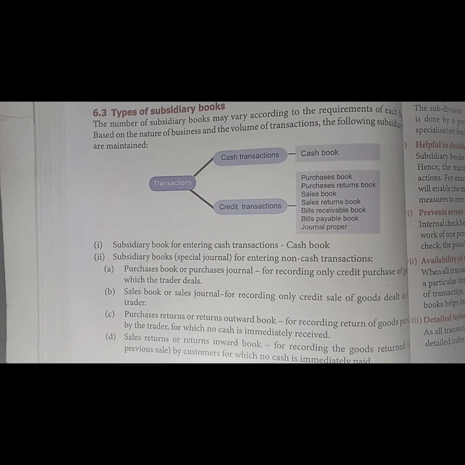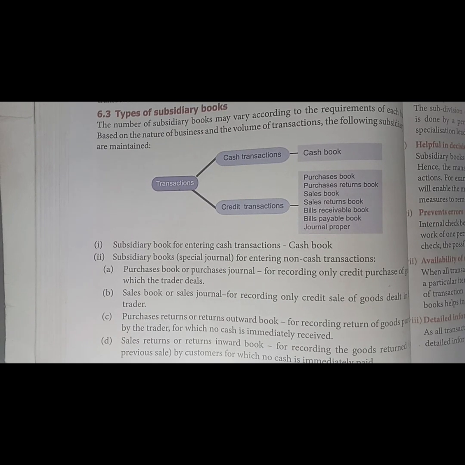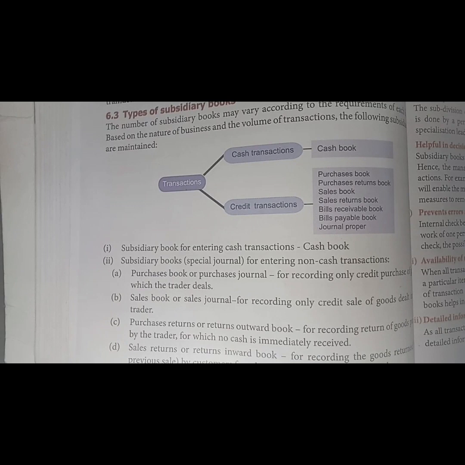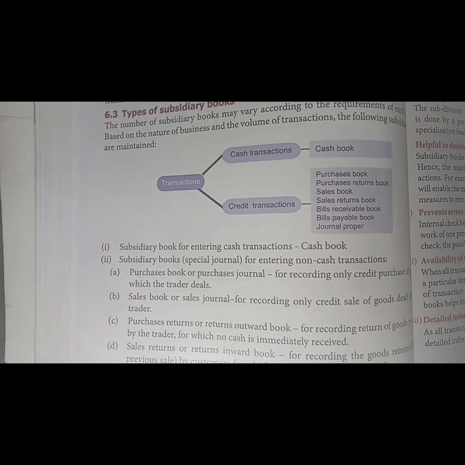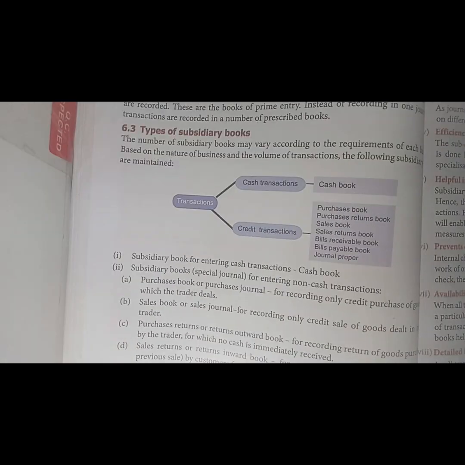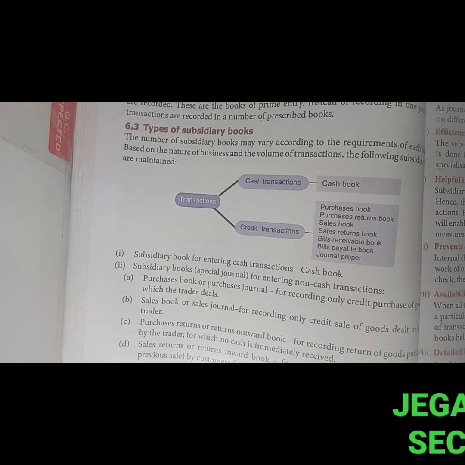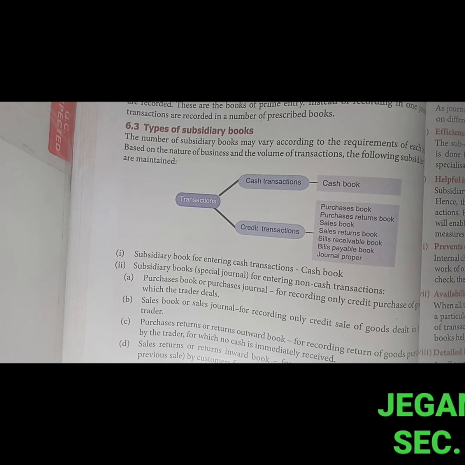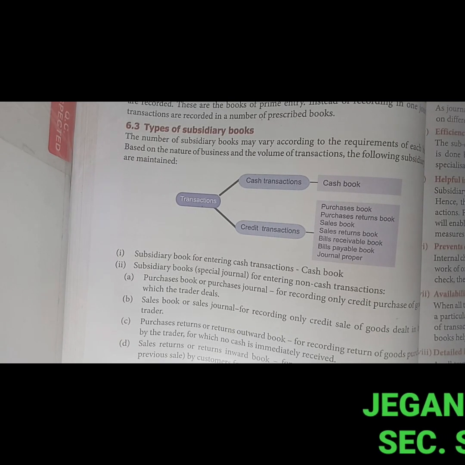The cash book is for entering cash transactions; a subsidiary book or special journal is for entering non-cash transactions. The purchase book or purchase journal is for recording only the credit purchase of goods which the trader deals in. Second, the sales book or sales journal is for recording only credit sales of goods dealt in by the trader.